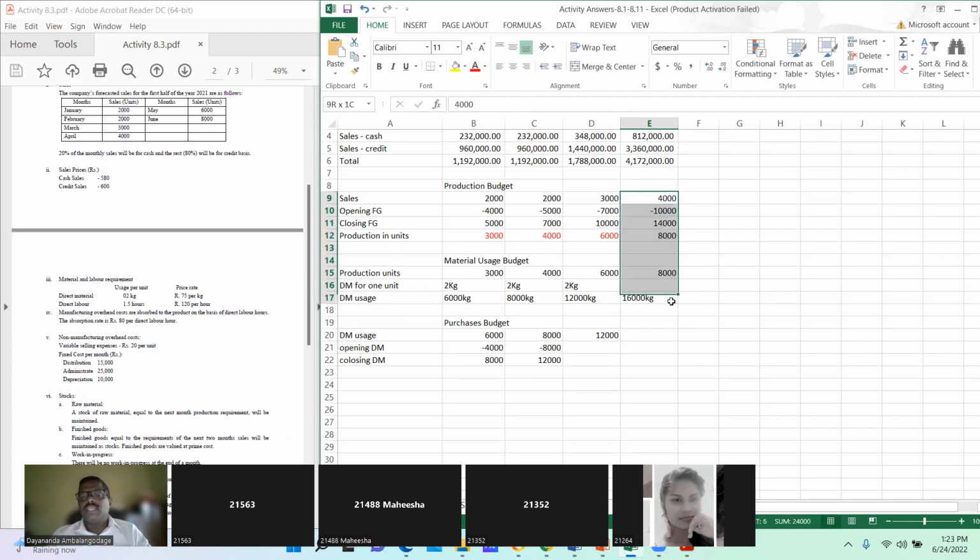So this column is not relevant for the answer. It is just calculation. So thereby the closing balance here would be 12,000 here, and of course here it is 16,000.